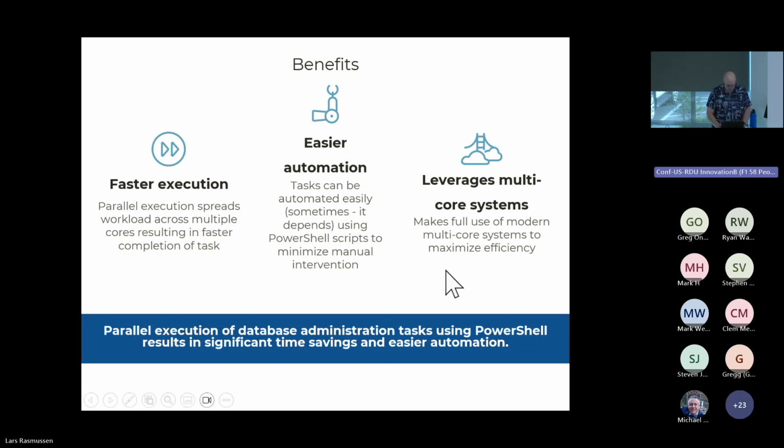Hey, Lars. Got an interesting question right off the bat. Ryan's wondering, the parallel stuff that you're discussing, is it even possible to do that if your database has parallel execution disabled? The answer is yes, because the context I'm talking about is when you have multiple database servers.